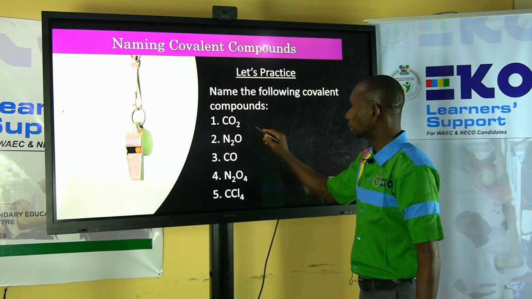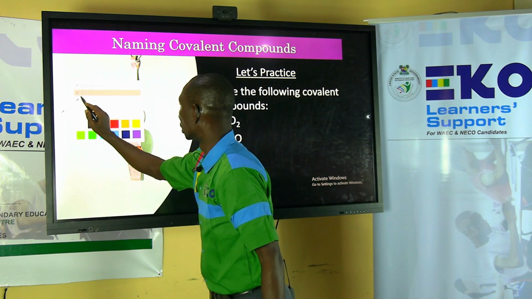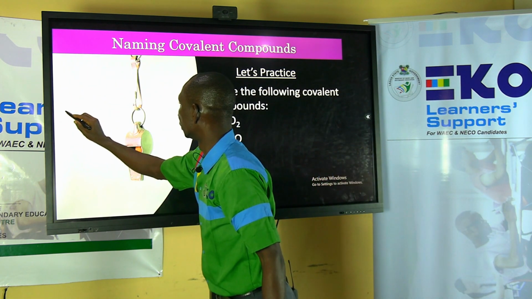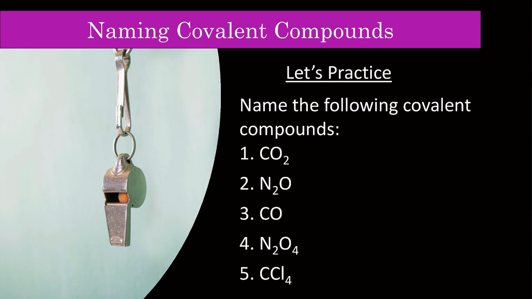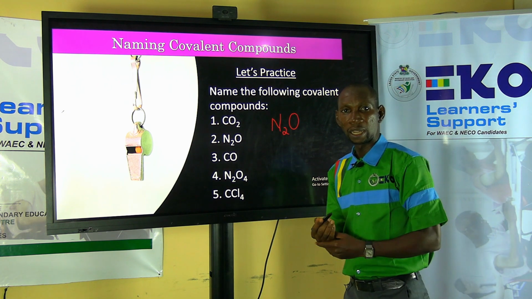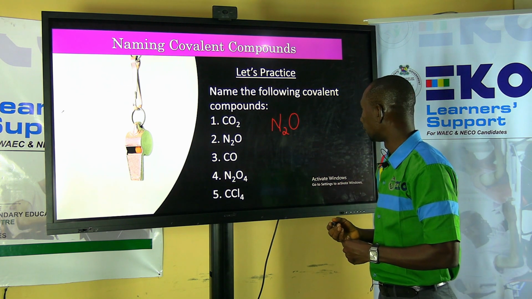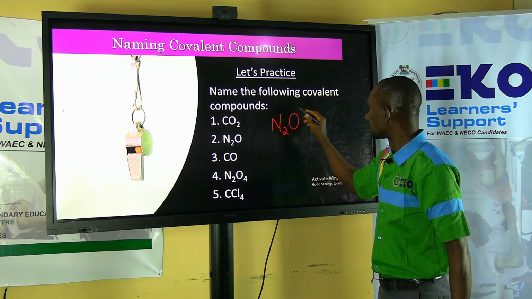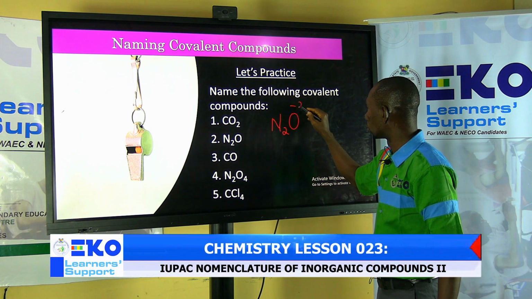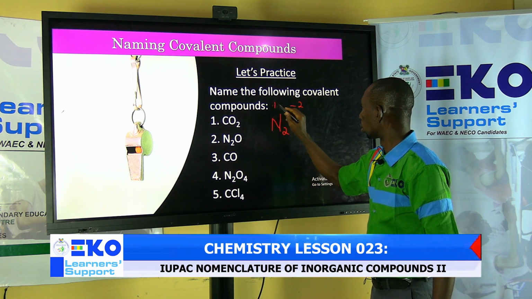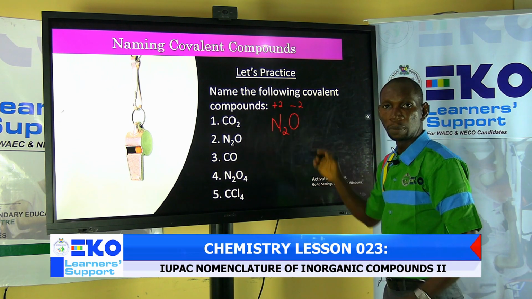Now, the second one is N2O. Like I shared a very fast tip with you in the earlier video to be able to calculate the oxidation state of nitrogen here. Since oxygen is going to be -2, the nitrogen therefore has to be what? +2, so that +2 minus 2 becomes 0.